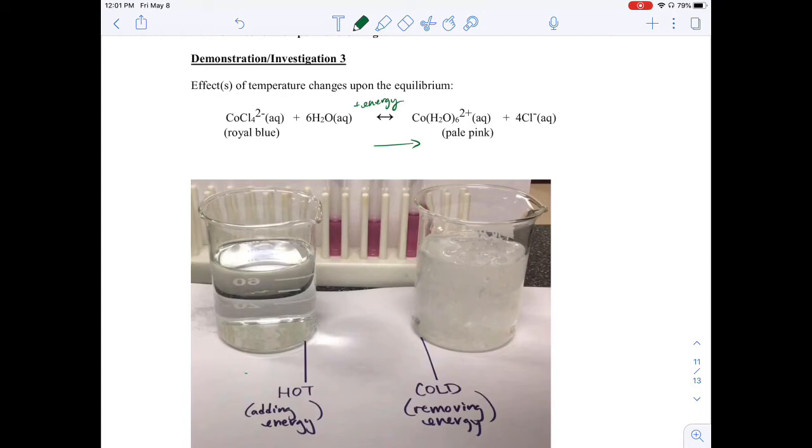So if it's hot, I expect the equilibrium to shift this direction if it's endothermic. And if it's endothermic, I would expect that as I cool the reaction, it would shift this way, right? Because it's got to replace the energy that's being removed.